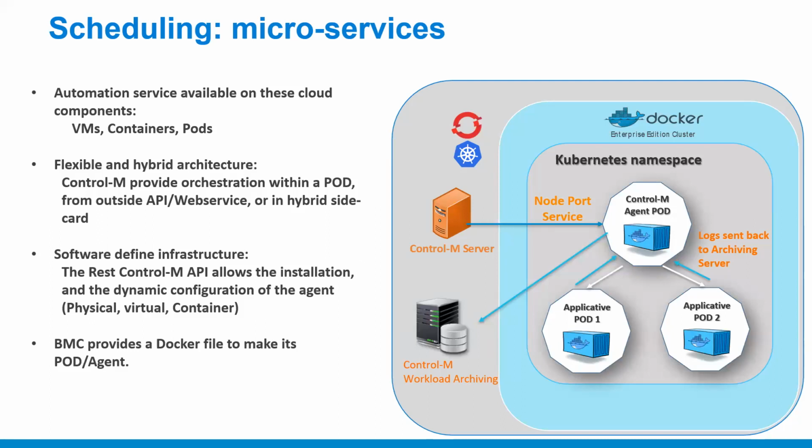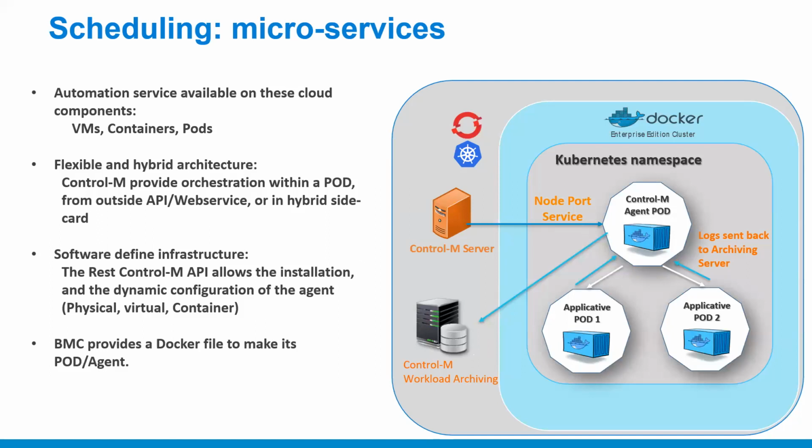Now, once the pod is turned off, all the output of the jobs or the tasks executed by that agent will be lost, because the agent is stateless when it is residing inside a pod. So you need something to store the logs or the output of the tasks which you have executed. We can have Control-M workload archiving for that matter, so that you can store the output at runtime in the Control-M workload archiver.